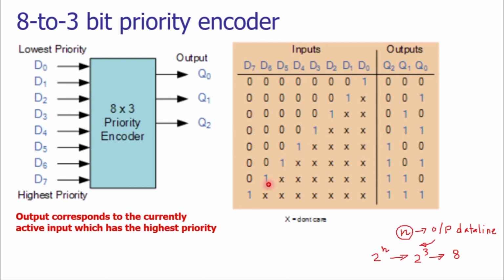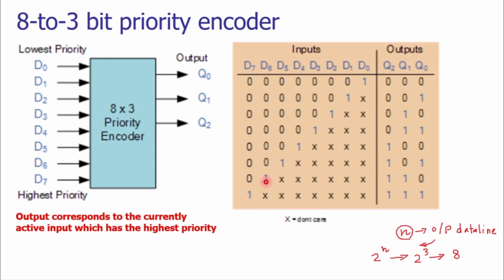But in case the D6 is showing the positive level, the high level, then we are ignoring the D5, D4. So in this way, we are prioritizing the input data lines, and when we give the priority to that input data line, we are ignoring all the input data lines which are lower to that data line.